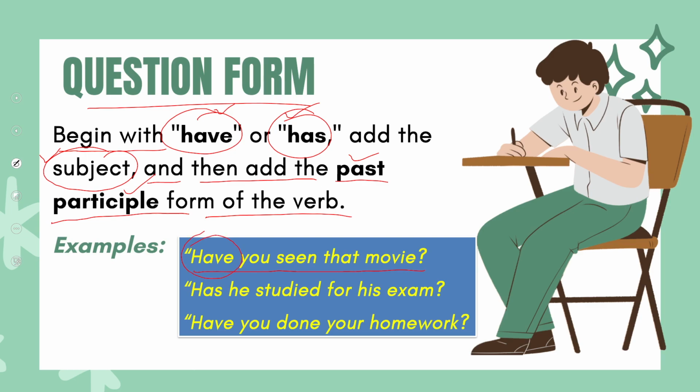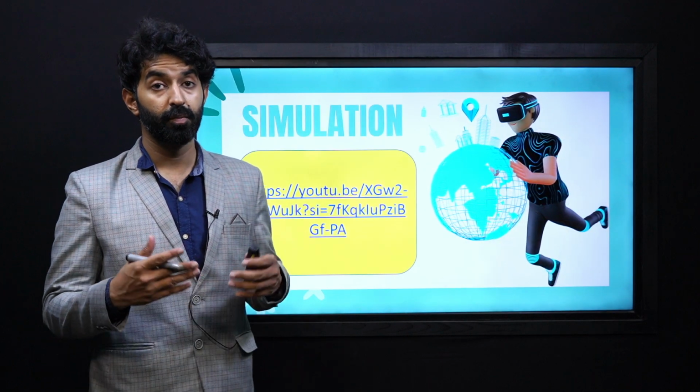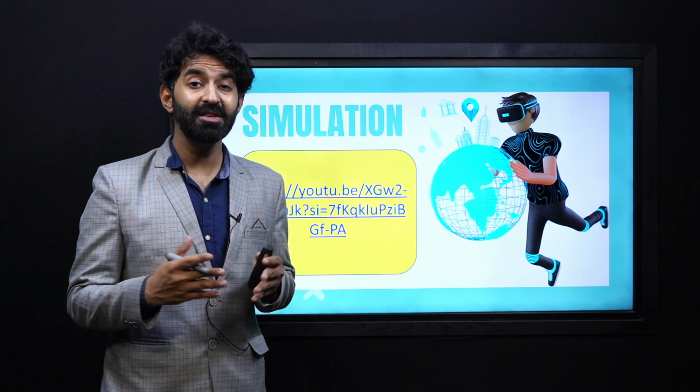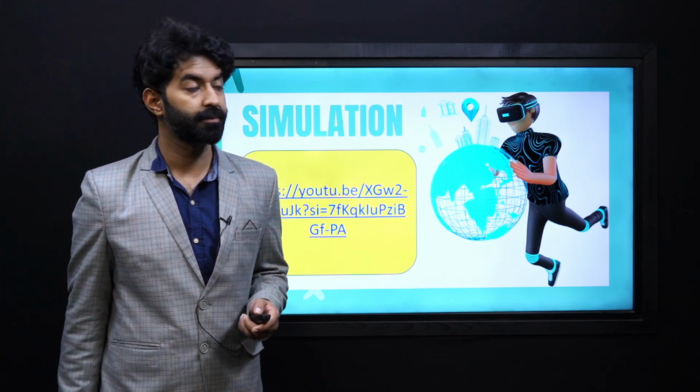Have comes first, then our subject, and then our past participle of the verb. Has he studied for his exam? Have you done your homework? So all these are examples of question forms of present perfect tense. You can come up with more examples by generating all these three forms with one sentence.